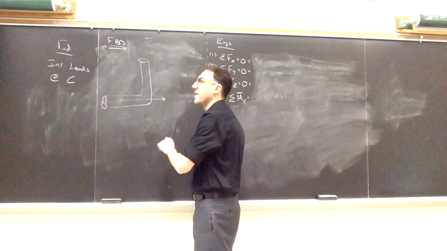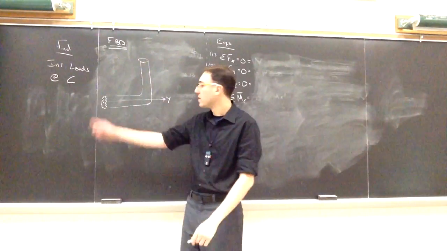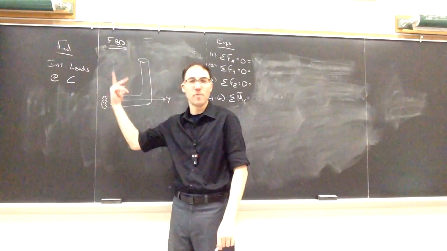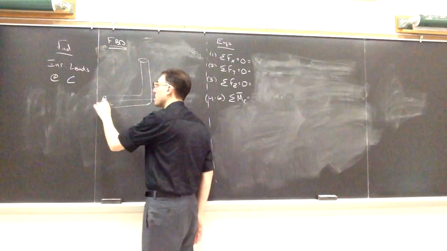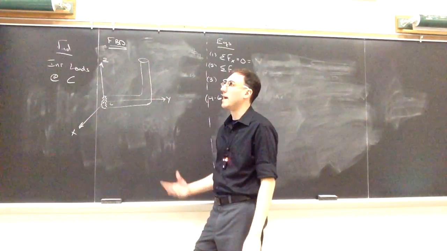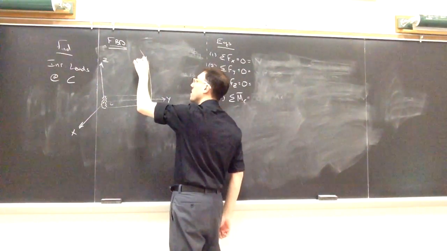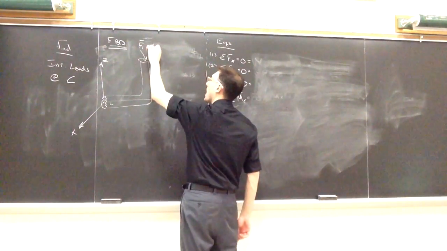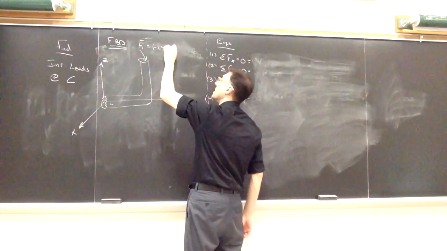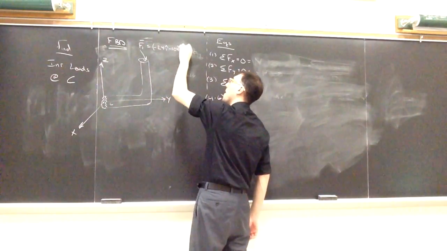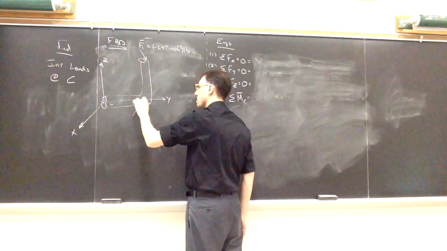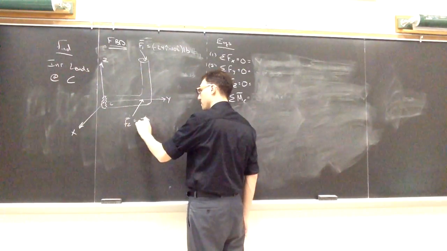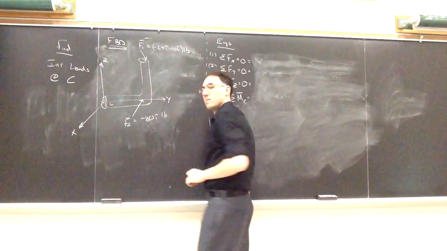I'm going to use the same given coordinate system. I'll just shift it so that the origin is at the centroid of point C, but I'm not going to reorient it since it's already provided to me. So I'll start with what's happening externally. I have these 2 applied forces, F1 and F2, which I'm told the values of. F1 is negative 24 i, minus 10 k pounds. F2 is negative 80 i pounds.